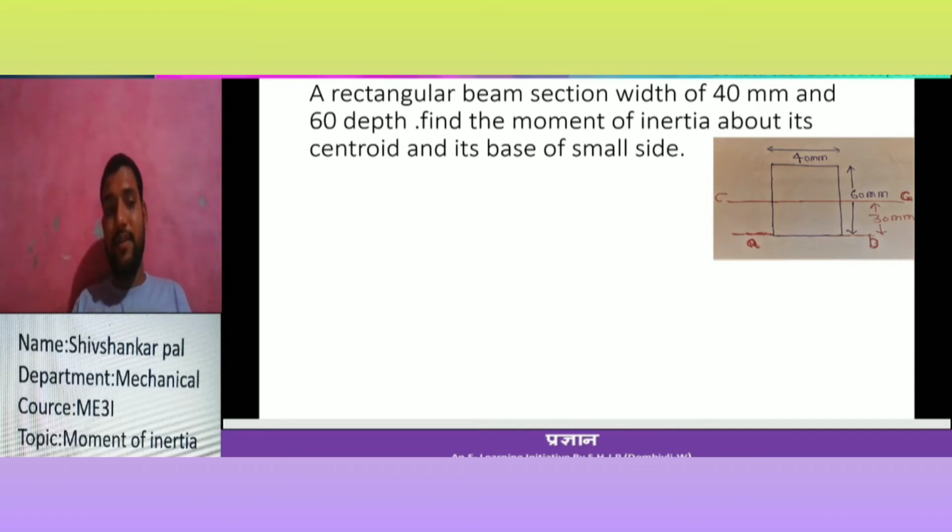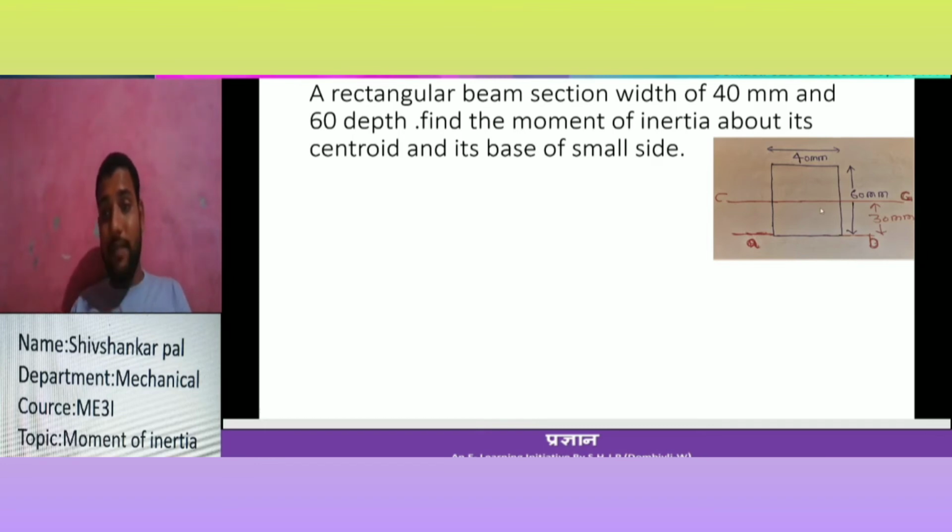For a rectangular section there is the moment of inertia about the x axis and about the y axis, but how can you judge which axis to use? To judge the moment of inertia about the centroidal axis, there are two axes, the y axis and the x axis.